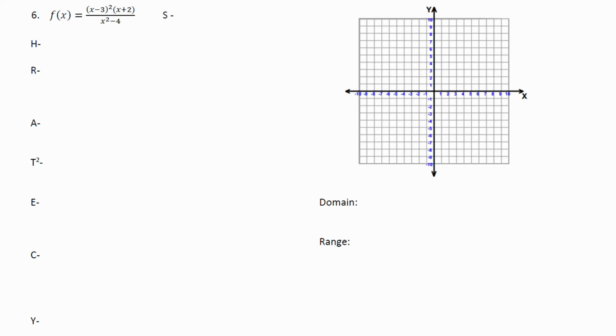So today we're going to look at number 6 on the day 2 rational functions graphing worksheet. You should turn to that question so that you can follow along and write down as I write it down.